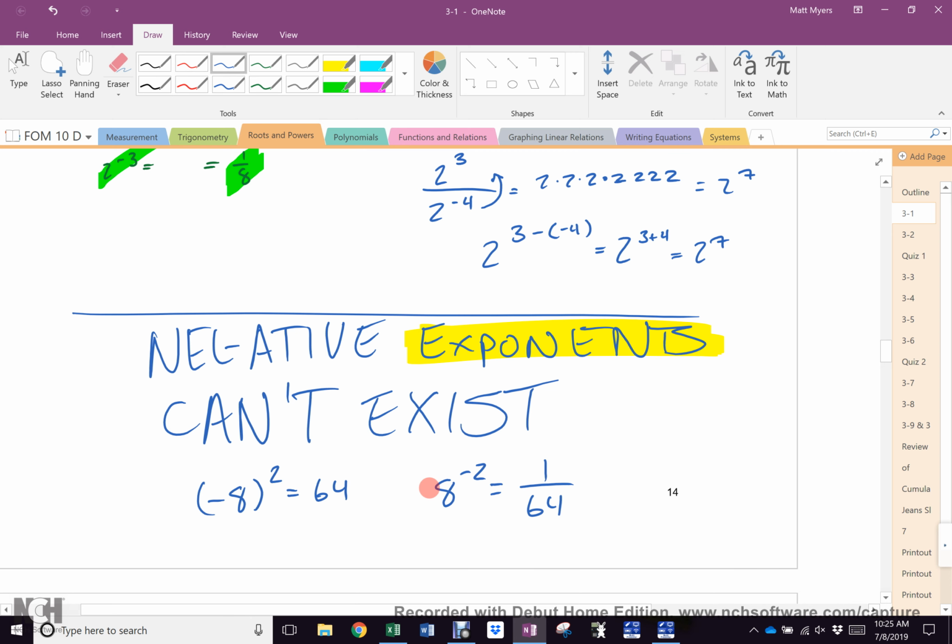What is this? Ooh. Negative 1/64th. And what is this? Positive 1/64th. Is everybody good?